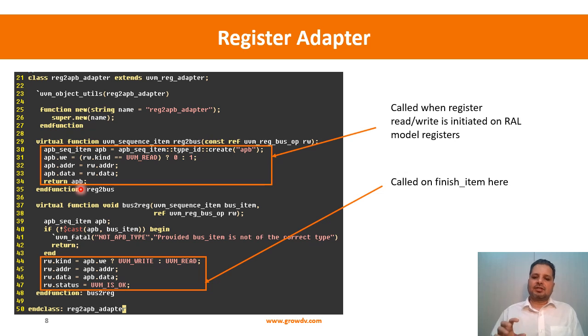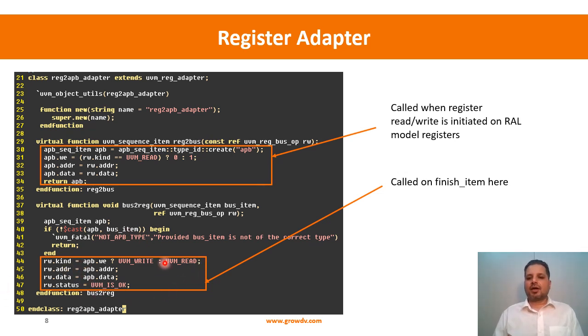Now that sequence item will execute on the sequencer on which that particular virtual sequence is running, and then that sequence item gets transferred to the driver for the execution on the signal level interface. And when that particular sequence completes, then you will be initiating the bus to reg function call from the adapter. These two are built-in functions, and this one will actually now transfer the data that is being read.